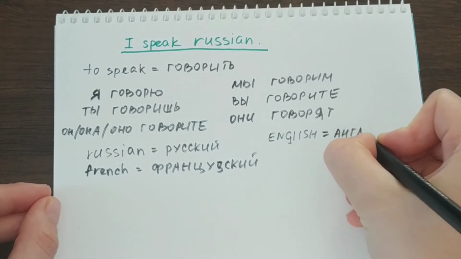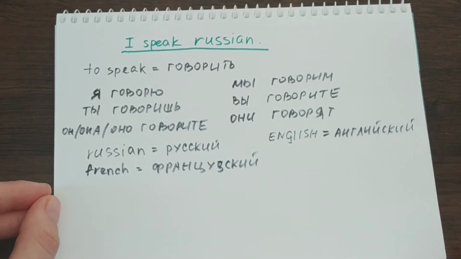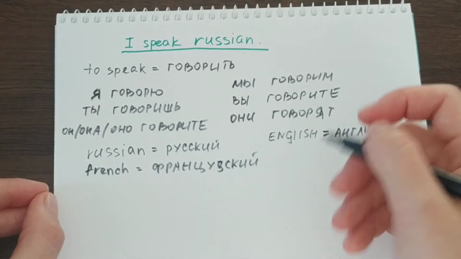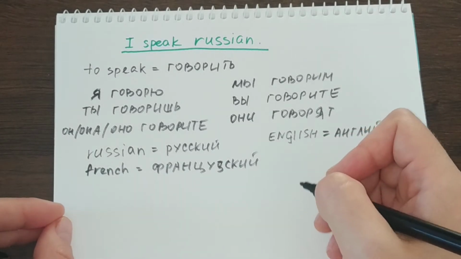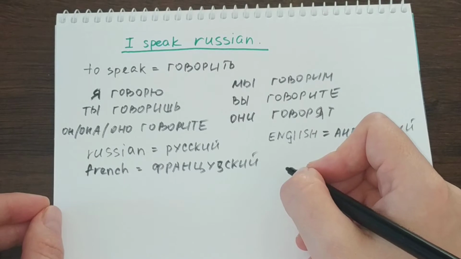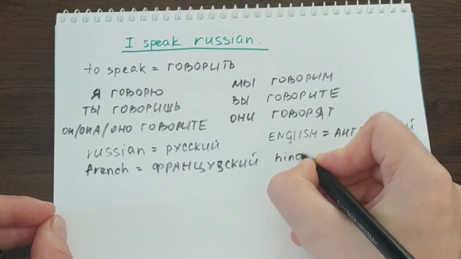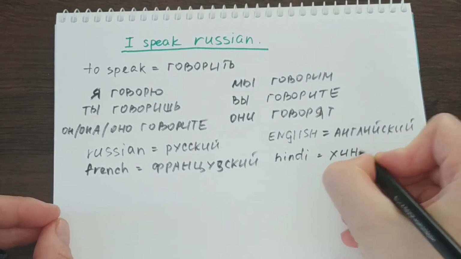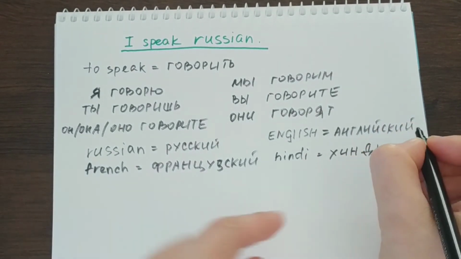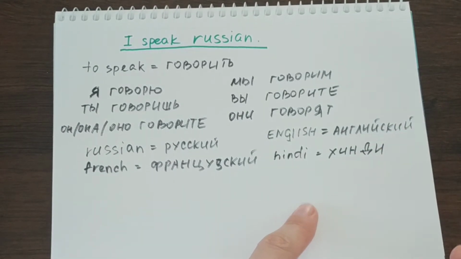Английский. Then we also have an exception in how a foreign language is named. We have the language which is used in India. It is Hindi, and it stays the same in English. In Russian, it is Hindi. So that is the exception of how the names of the foreign languages are formed in Russian.